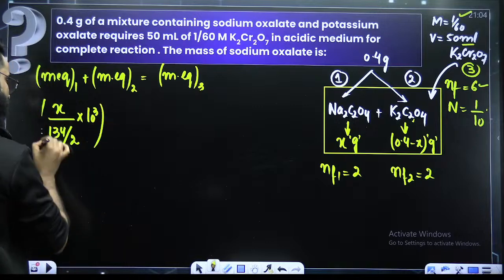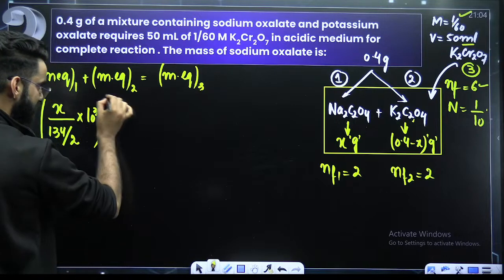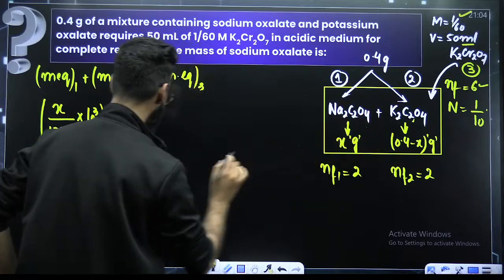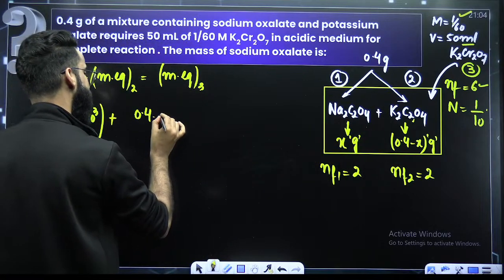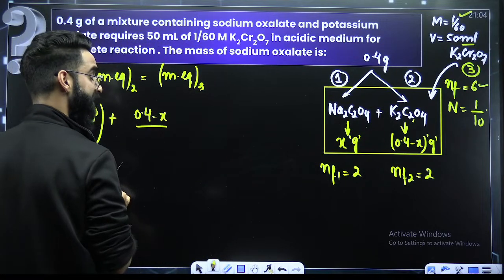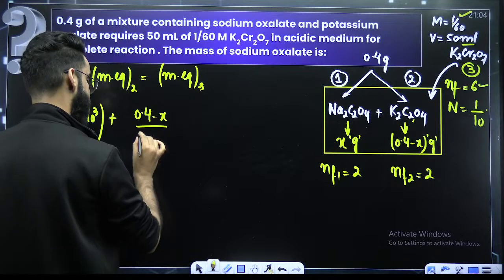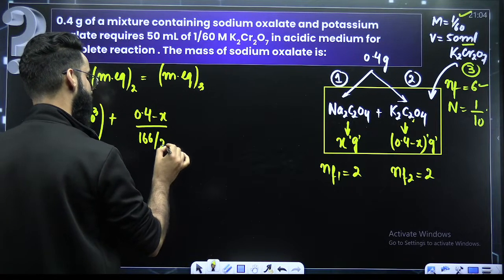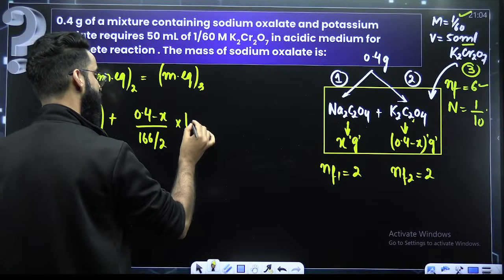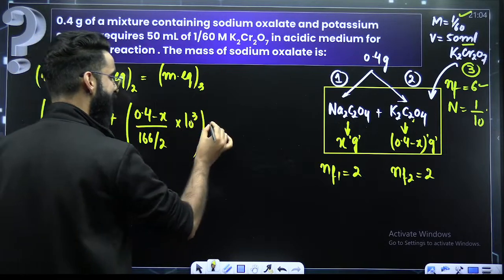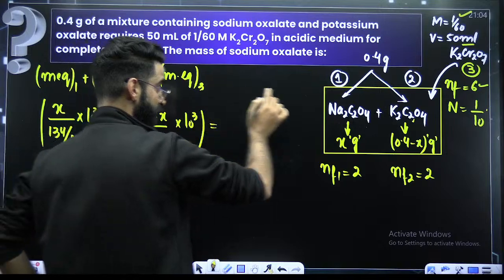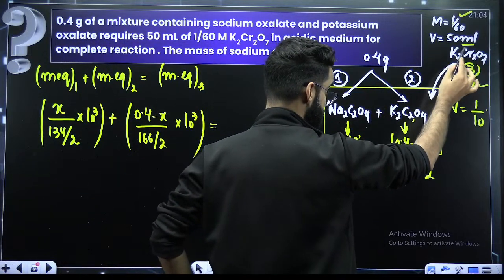These are the milli equivalence of sodium oxalate, plus milli equivalence of potassium oxalate, which will be equal to mass of potassium oxalate, which is 0.496, divided by equivalent mass of potassium oxalate, which is molar mass of potassium oxalate divided by n factor of potassium oxalate, multiplied by 10 raised to the power 3, right? Has to be equal to milli equivalence of 3, milli equivalence of K2Cr2O7, right?